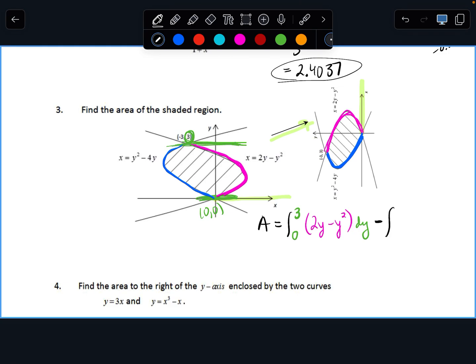Minus, and as you get used to this, you might not have to separate it like I'm doing. I just do because I know it's always right, and I'm a little crazy about that. So y squared minus 4y, and I usually do this and then do dy.